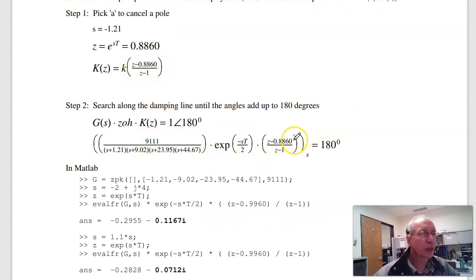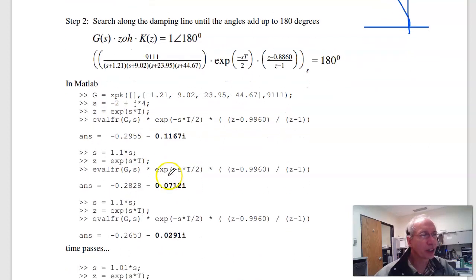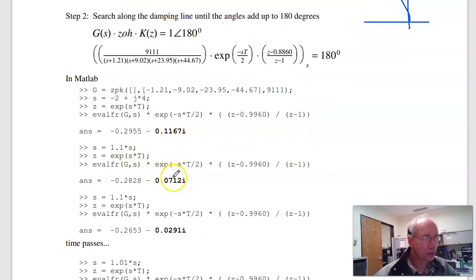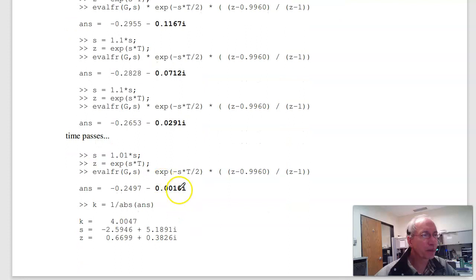Now pick k for 20% overshoot. And again, I'm going to do a numerical search. Search along the damping line in the s-plane. That's your 0.4559, 20% overshoot. Search along that line till the angles add up. So if I guess minus 2 plus j4, that's wrong. Make it 10% bigger. I'm going in the right direction. 10% bigger, better, better.